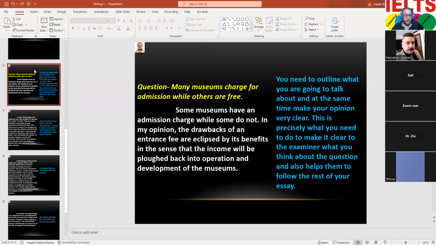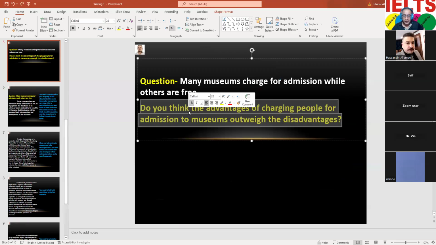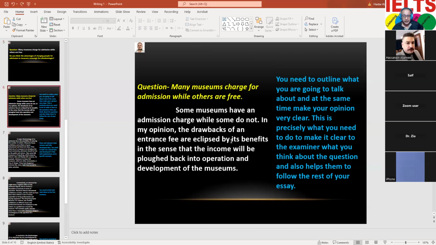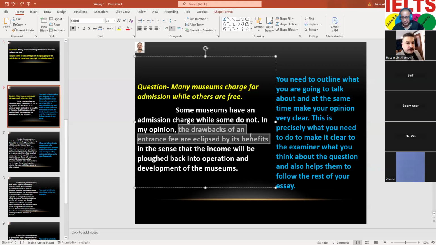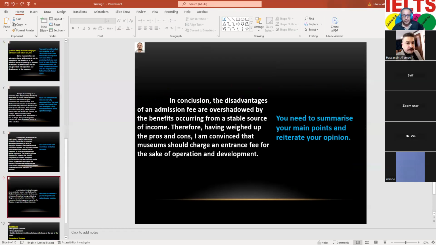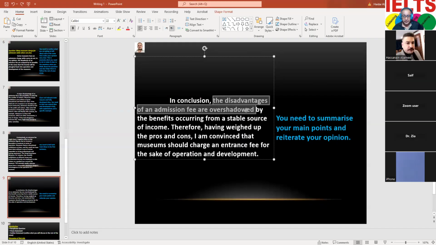That was the question: Do you think the advantages of charging people for admission to museums outweigh the disadvantages? My answer was the drawbacks of an entrance fee are eclipsed by its benefits. We paraphrase it here as the first sentence of the conclusion.